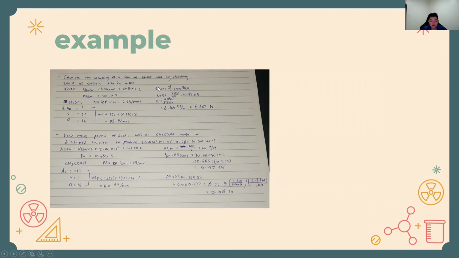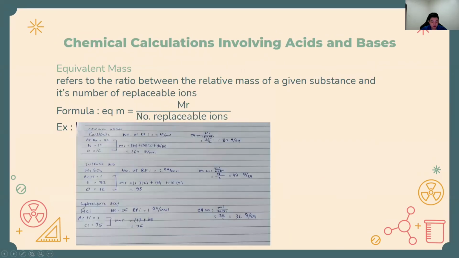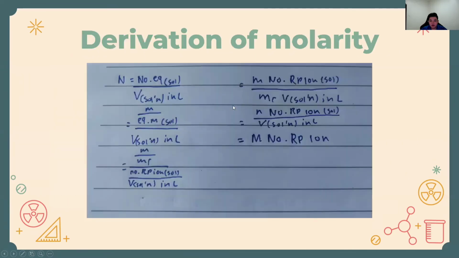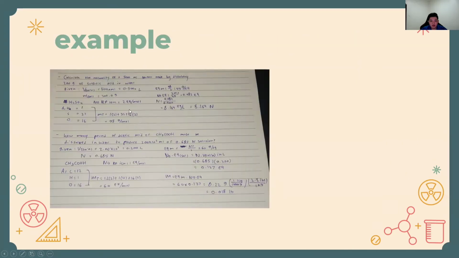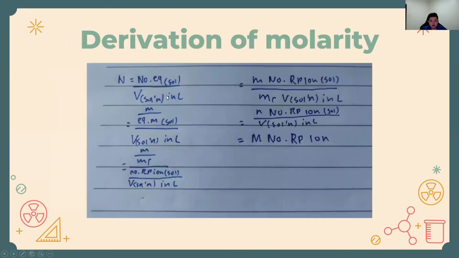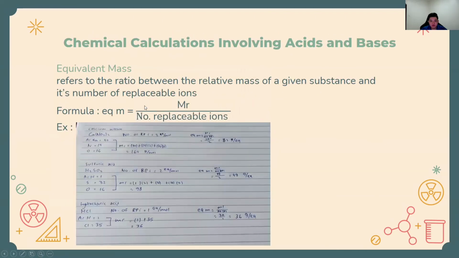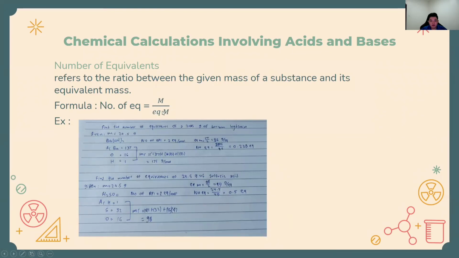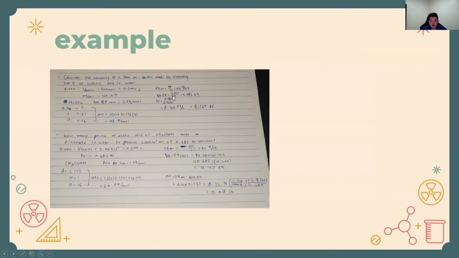Then we find EQM. The formula is MR per number of replaceable ion, which is 98 here per 2, so 49. The number of EQ will be the mass per the EQM, 200 per 49 equals 4.082 EQ.